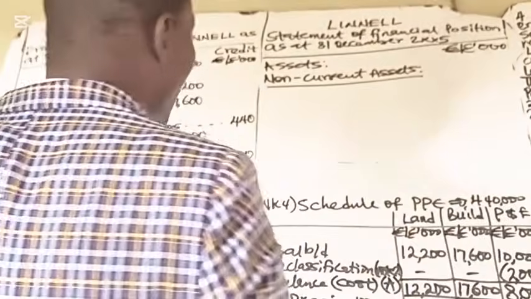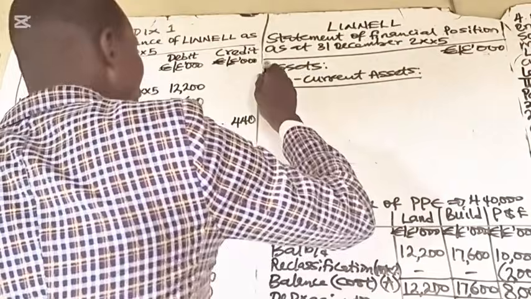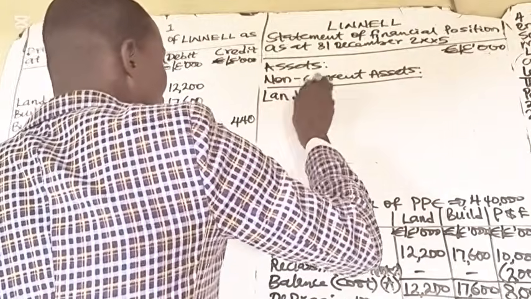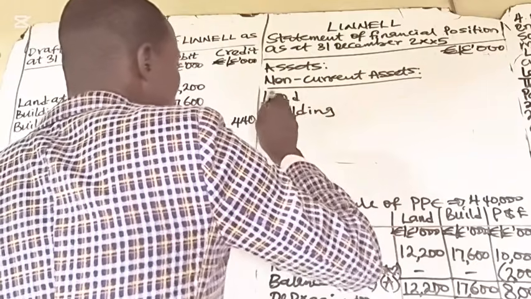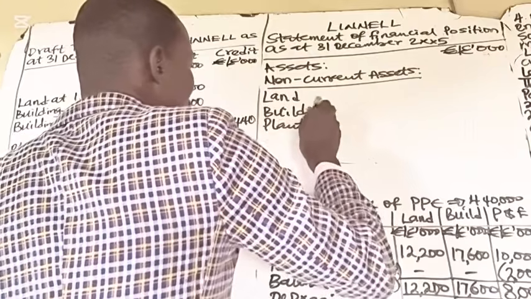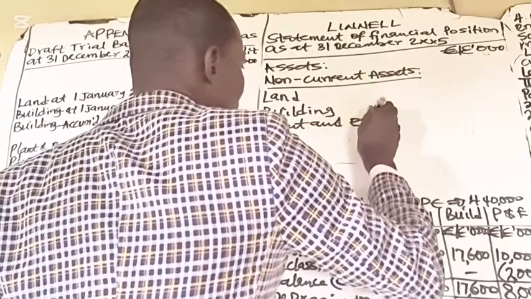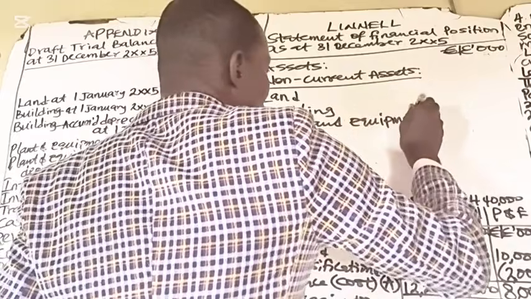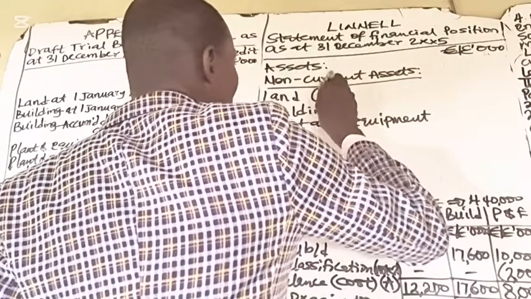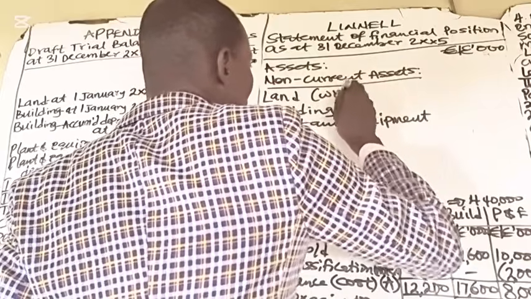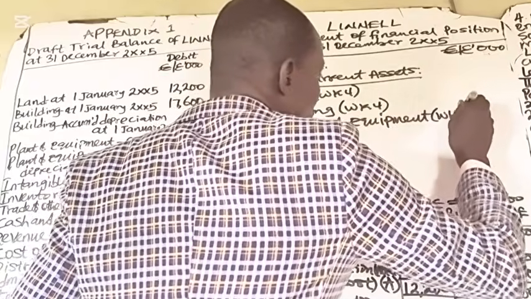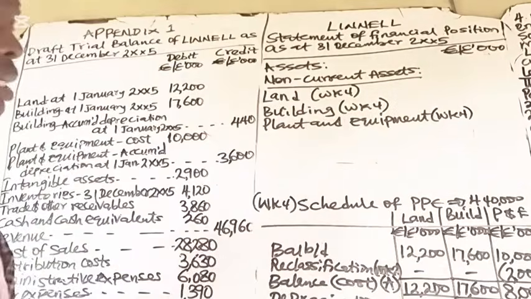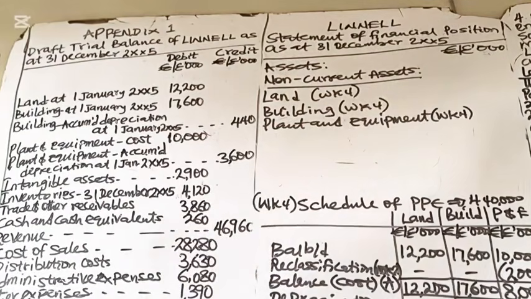We have shown this as a working earlier in working number 4, when we were preparing the statement of profit or loss and other comprehensive income.